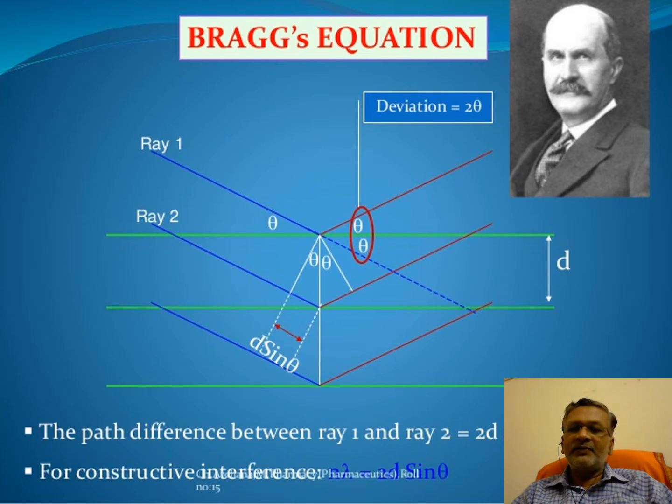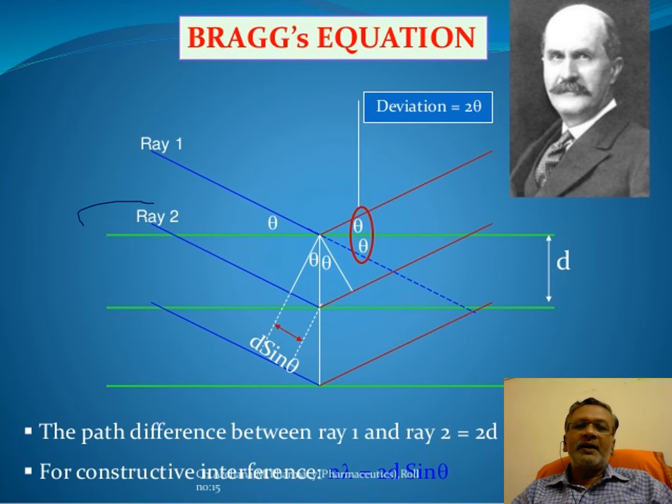This wavelength of the light is almost the same as the interplanar spacing or lattice spacing, which is nearly 1 to 100 angstroms. This lattice spacing and the incident X-rays almost resonate with each other. Hence, the diffracted beam gives a clearer picture of the crystal. That is the basic principle used by Bragg's equation.